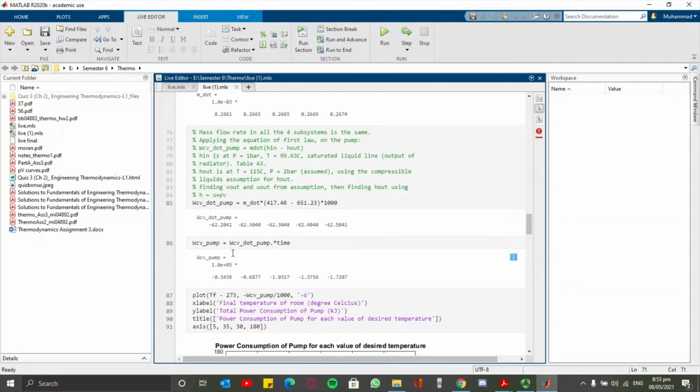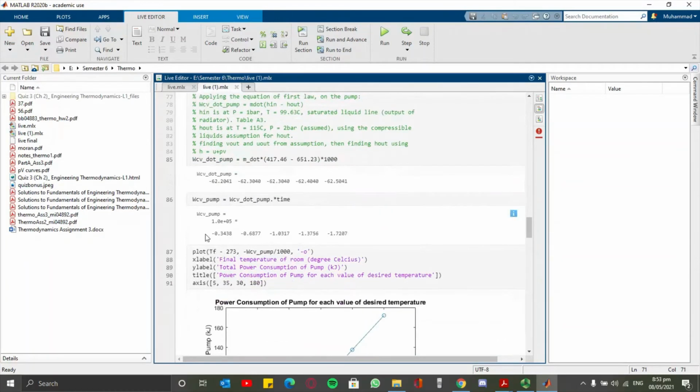So here you can see after multiplying Wc dot pump by time, we get Wcv pump.